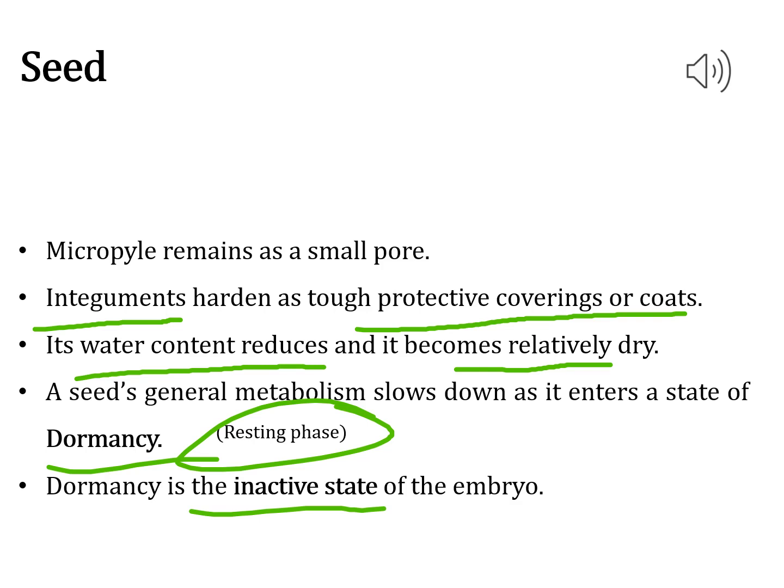The general metabolic activity of the embryo slows down. The embryo may enter a state of inactivity, that is dormancy. If favorable conditions are available, adequate moisture, oxygen and suitable temperature help in germination.